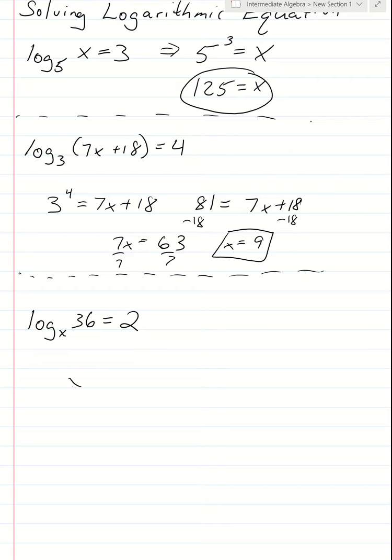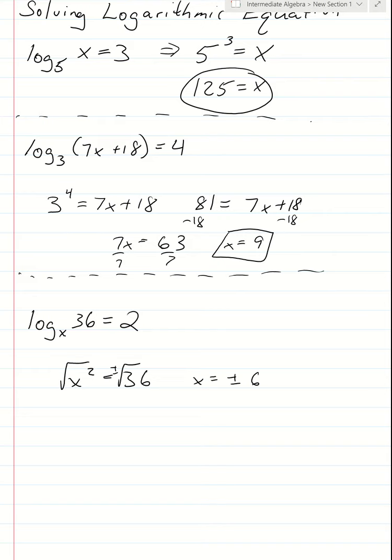So we would have to write x squared equals 36. I take the base x, I raise it to the power of 2, and that equals, of course, the number 36. Well, now we have to solve this for x. Here we have a quadratic equation. We can very simply take the square root of both sides. And in doing so, we would get x equals plus or minus the number 6.